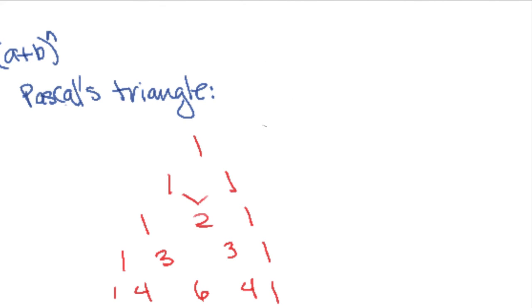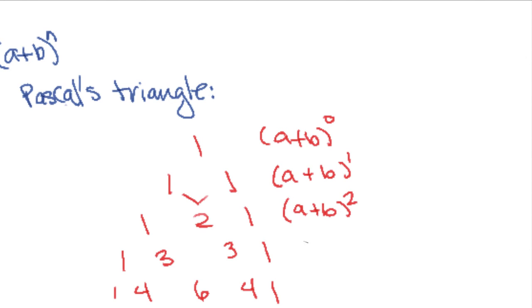So this would be the coefficient if it's to the 0, if it's to the 1, here if it's squared. And we just did that one, right? A plus B cubed. You get the idea, so forth and so on.